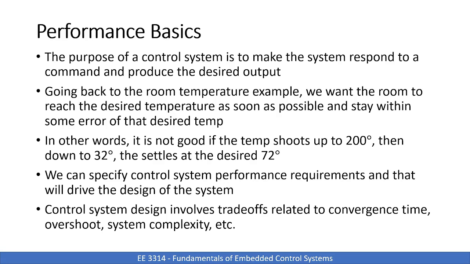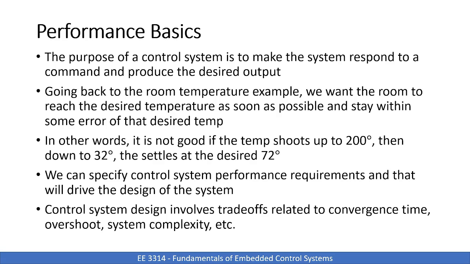Also, settling time is another type of parameter we might use. We obviously wouldn't want it to take 36 years for the room to reach our desired temperature, right? So the point here is that with all applications, there are some reasonable bounds of performance that we would like to achieve, and that's going to drive the design of the system.